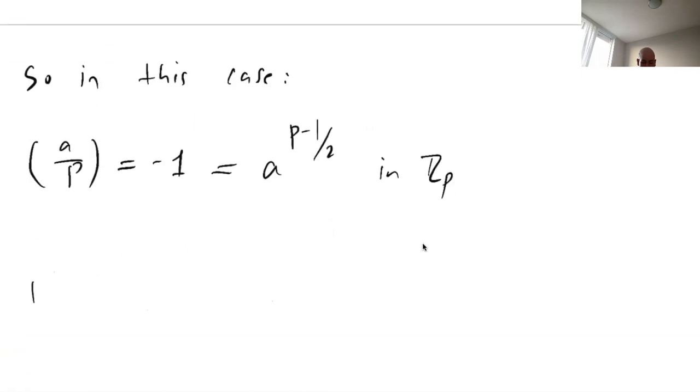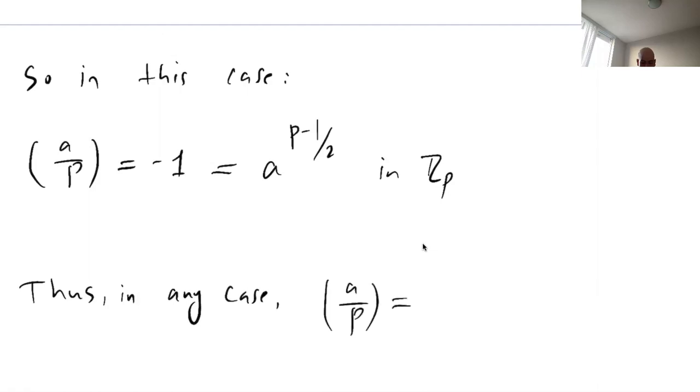That means in any case, a over p equals a to the power (p minus 1) over 2. We saw that if a is a quadratic residue, both of these numbers are 1, and if a is a quadratic non-residue, both of these numbers are minus 1.